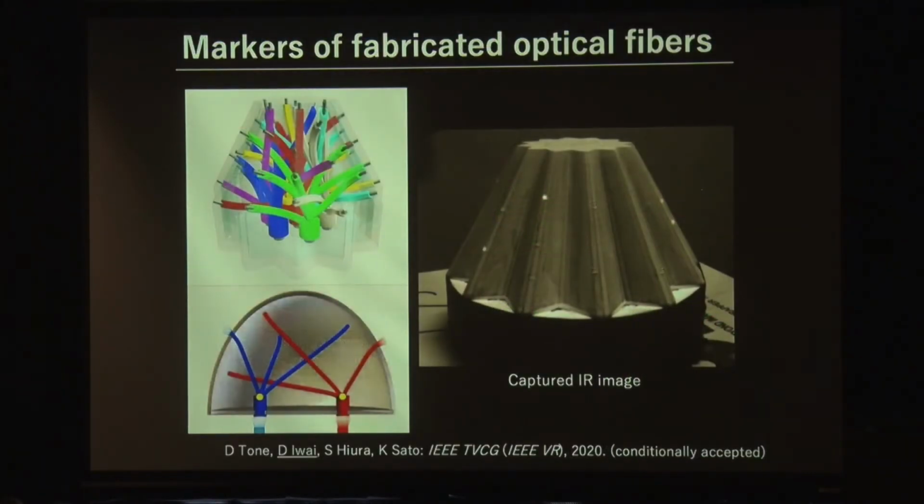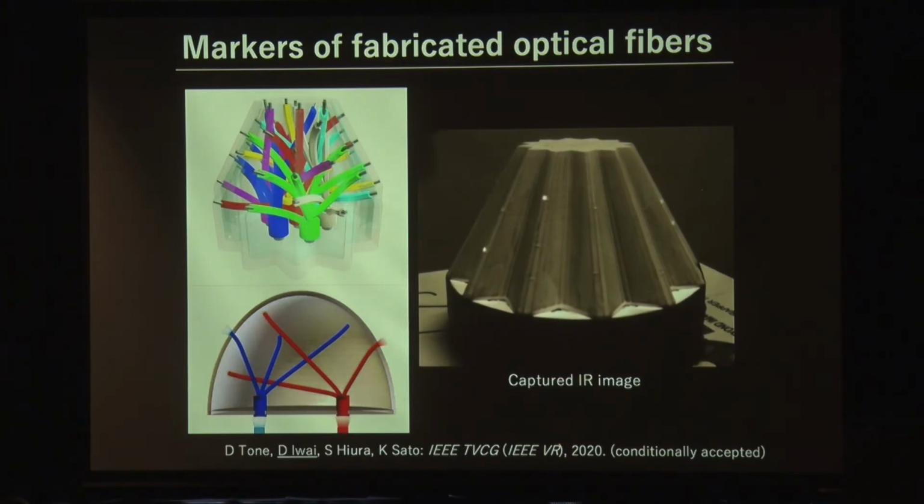But we propose another solution, where we optimize the projection object such that the object itself emits invisible identification information. To this end, we used a multi-material 3D printer and embedded optical fibers in the object, which transmit blinking IR, or infrared, light from the bottom to the surface, like this.